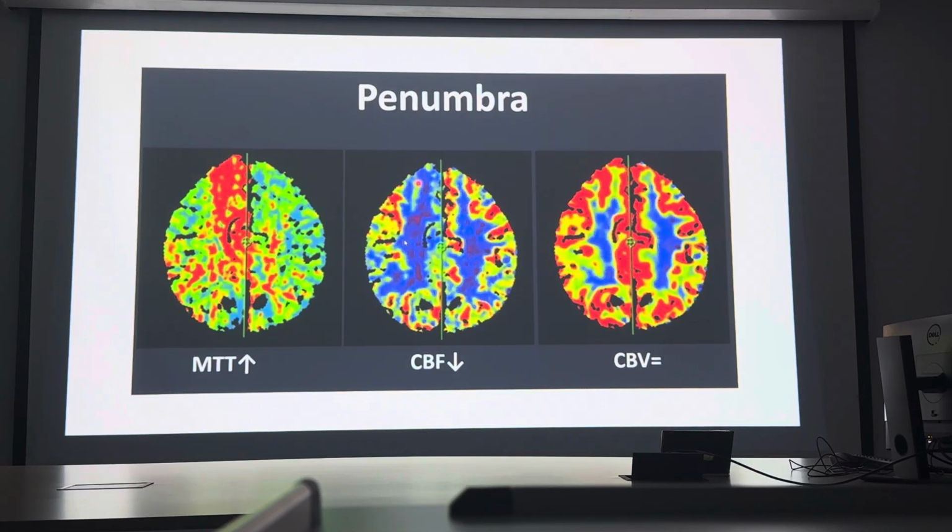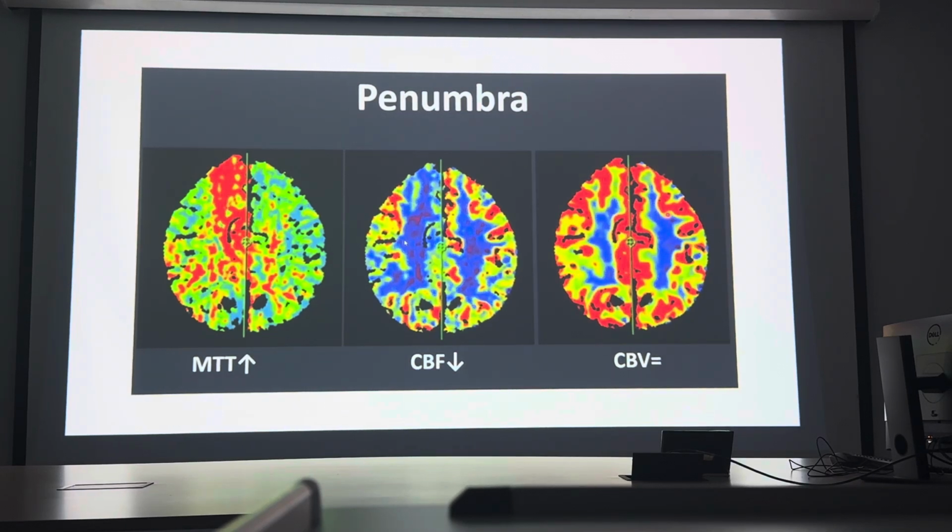Obvious increased color compared to the left side in the area representative of the time abnormality, with similar distribution of signal abnormalities. And if we go to the volume, it is normal, both hemispheres show no abnormality. So we have increased time and moderately decreased flow. This is typical penumbra.